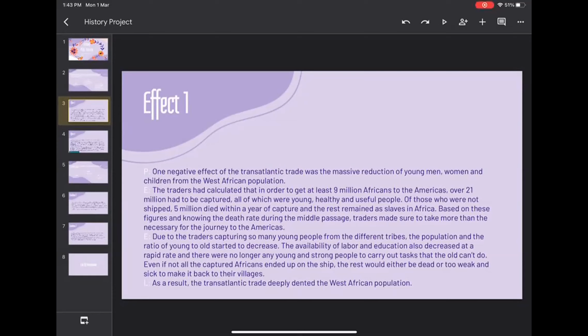Statistics is evidence. Then they explain how the reduction affected the society. And then the link is clear that it affected the population, because once you're taking away the young men, women, and children, it is affecting the population. All right? Go to the next one.